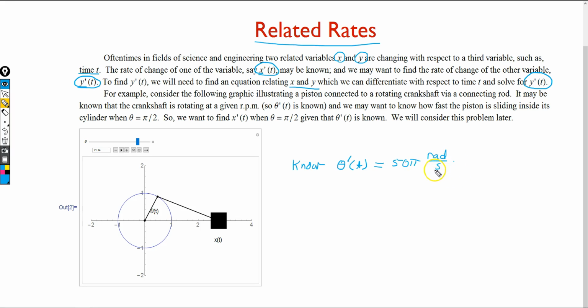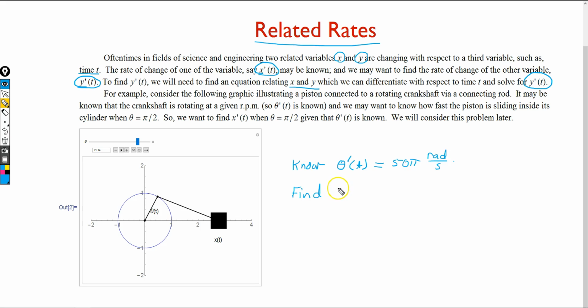So 50 pi radians per second would be 25 revolutions per second, since 2 pi is 360 degrees, one full revolution. So we may know theta prime of t, and we may want to find how fast the piston is sliding up and down the cylinder when theta is a certain value, like perhaps pi over 2.